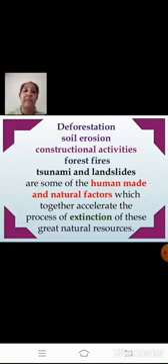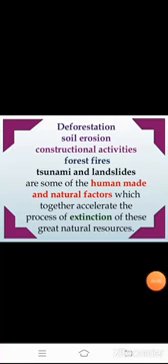Endangered species means what? The species that are likely to become extinct in the near future. Or maybe they are at risk due to factors such as habitat loss, such as because of the poaching, that we are going to learn further. And some are on the verge of extinction. Extinction means either that particular species is not at all alive in the world or that species has died out.